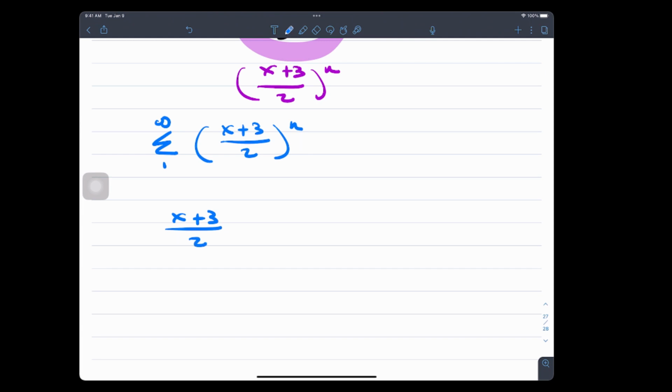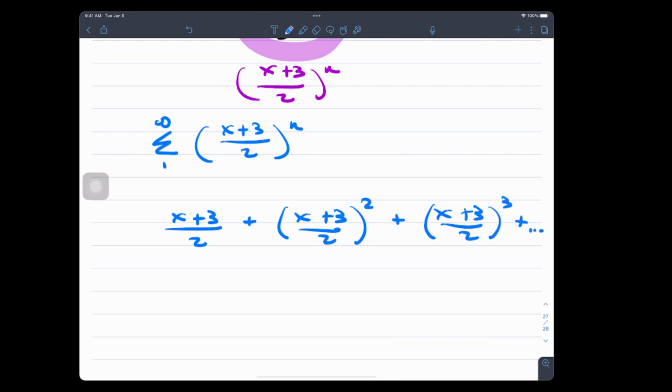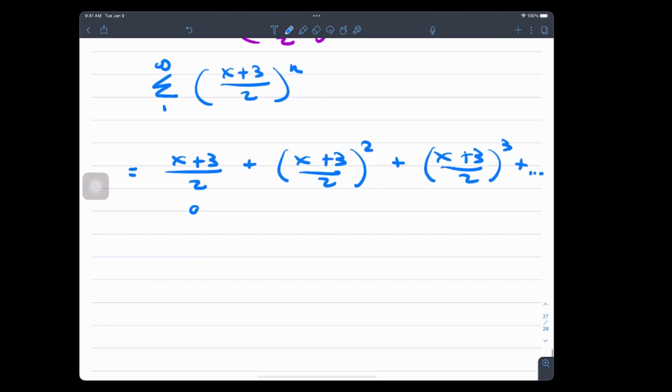So what are the terms? You get x plus 3 over 2 to the first, x plus 3 over 2 squared, x plus 3 over 2 cubed. And then that goes on what? Forever. Geometric: A, AR, AR squared, AR cubed.